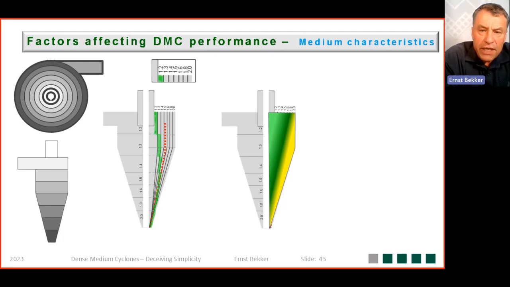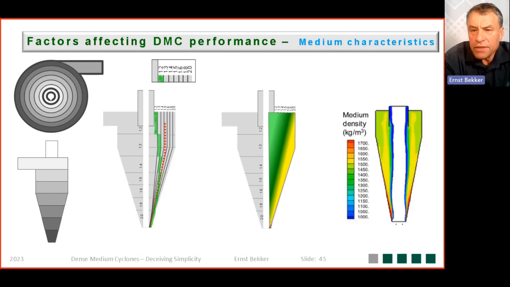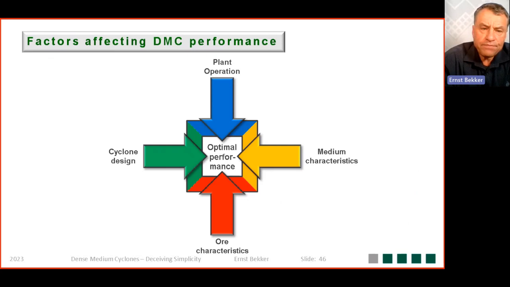And that represents, on a basic level, the density bands that we are looking at inside the dense medium cyclone. There is the actual CFD picture on the right-hand side, slightly different from my attempt, but it's just illustrating that there are different density bands within the dense medium cyclone. And if we start to impact on the behavior of the medium characteristics or the medium performance, then it will have an impact on the performance of the dense medium cyclone.